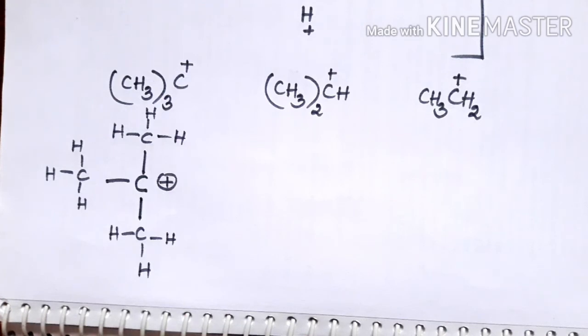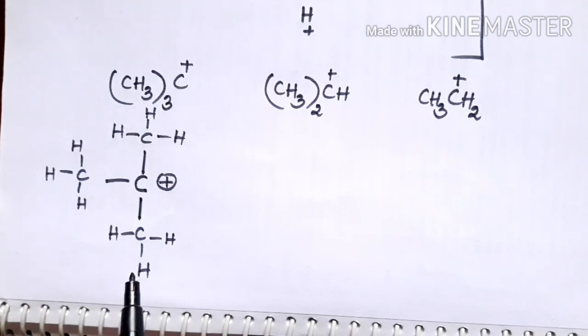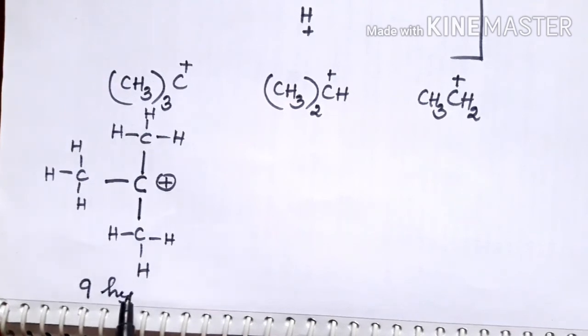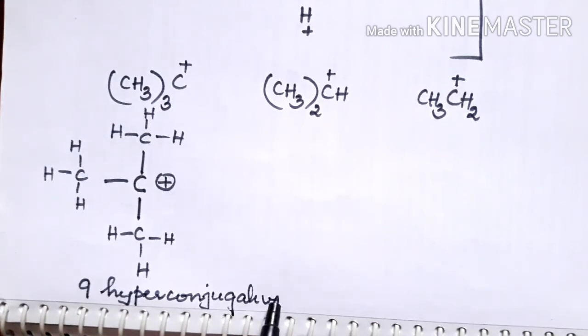On counting the number of C-H sigma bonds on the alpha carbons, we have a total of 9 equivalent C-H sigma bonds here. So 9 hyperconjugative structures are possible for the first carbocation.